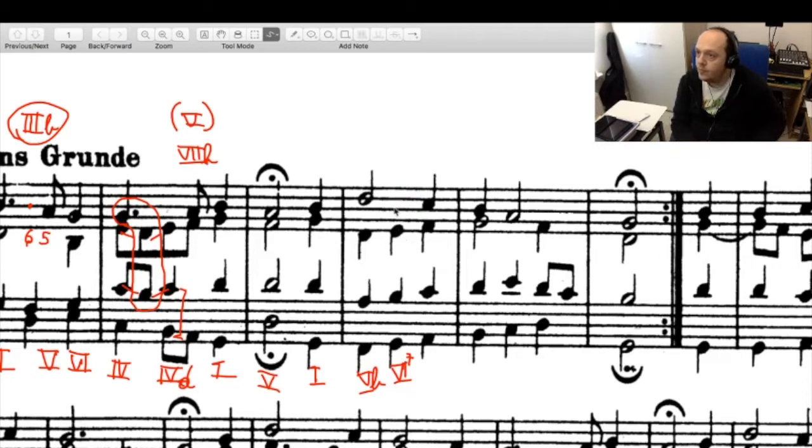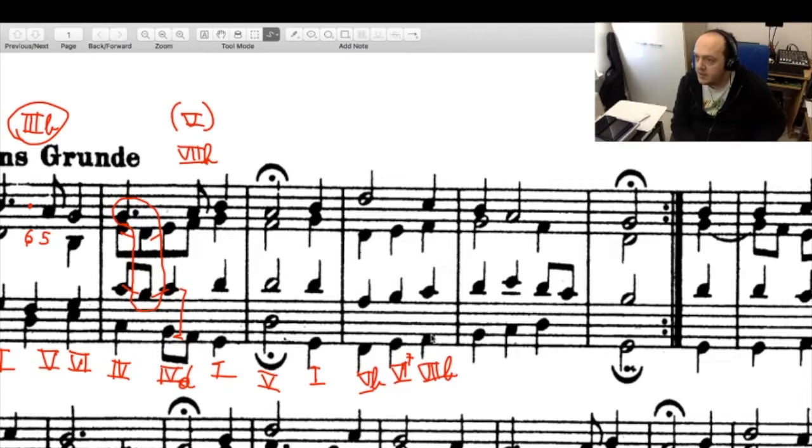So, what comes after this chord 6? I have fa diesis, la, do. I have chord 7. That's chord 7 again. 7 in first inversion. Let's see, just to make sure. Yeah.